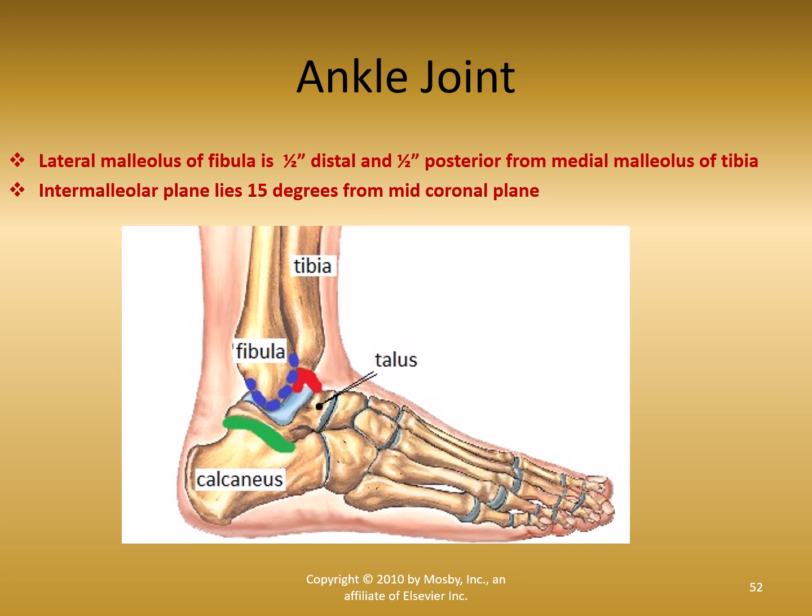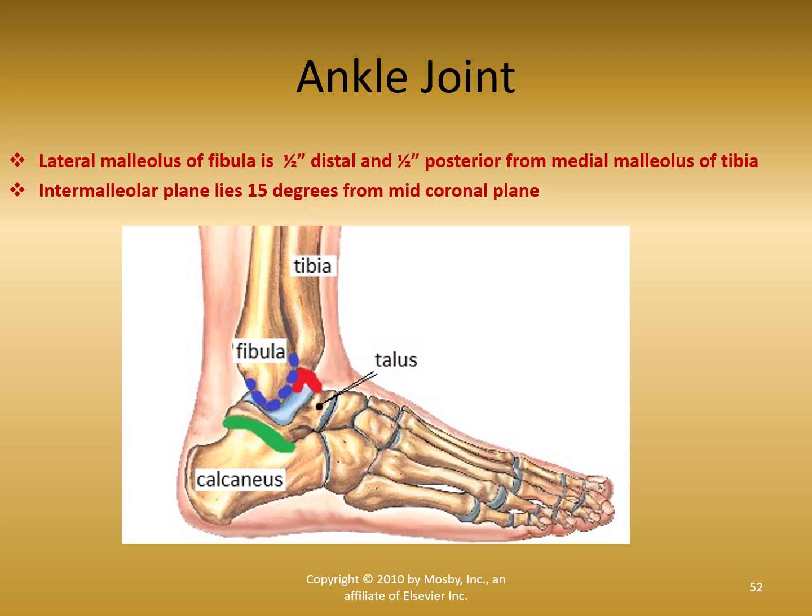But when we think of it in terms of the mid-coronal plane, which is a plane that would cut the leg in half from anterior to posterior, the mid-coronal plane, we could create an angle with what we call the intermalleolar plane or intermalleolar line. It is much like our interepicondylar line, right?